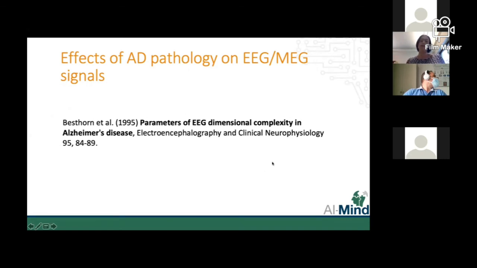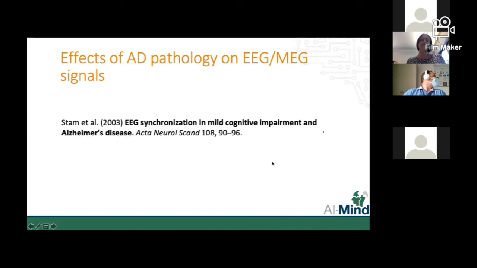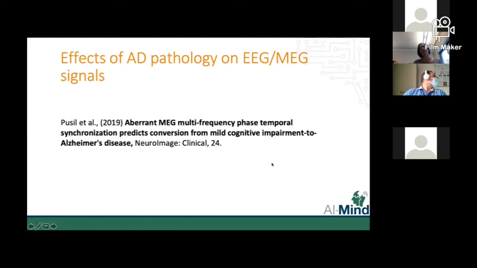The complexity of the signal is reduced. We look at nonlinear effects, so we can see reduced complexity of the signal overall. Synchronization between brain regions is affected, and this has been reported in many studies in EEG and also in MEG and at multiple frequencies.